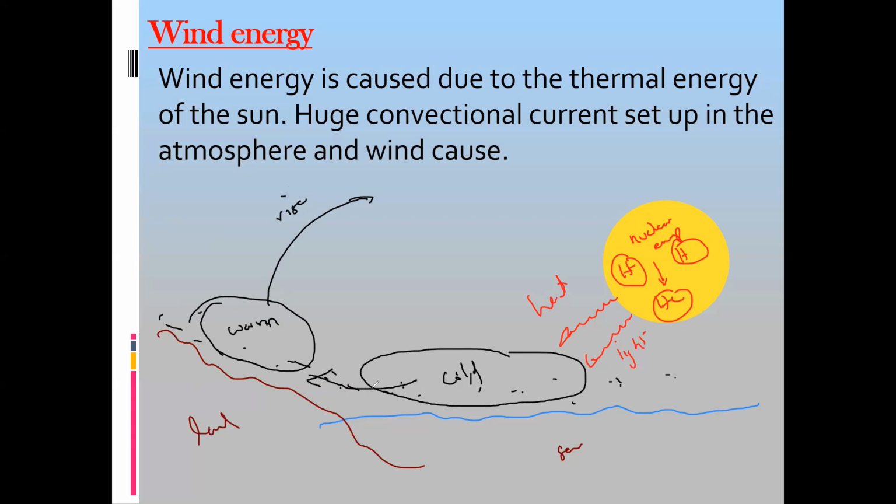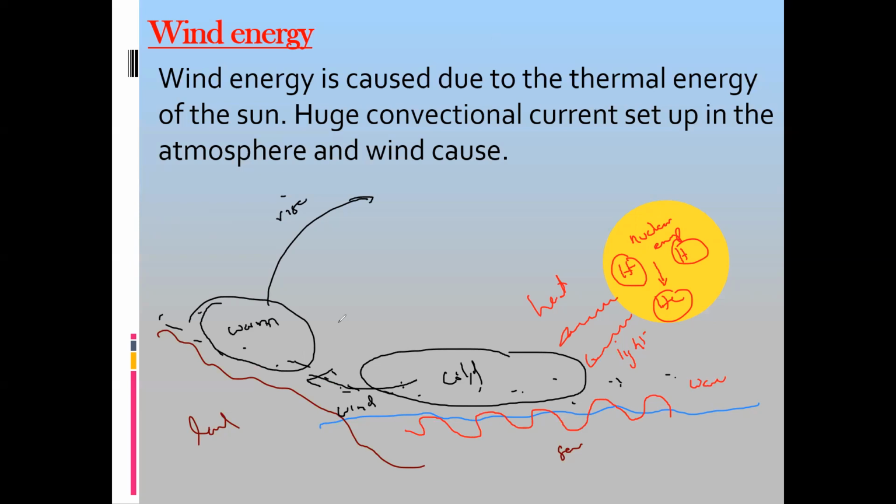The cold air will move towards the land, and this movement of air we call wind energy. And when the wind is moving over the surface of the water, it also produces waves, so it will have wave energy as well. That's why we say the sun is the main source of energy.